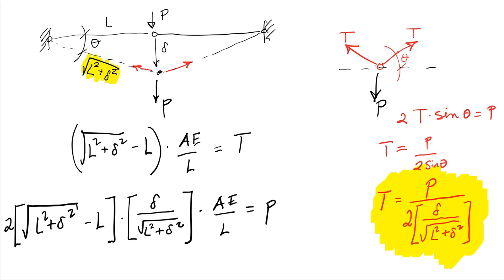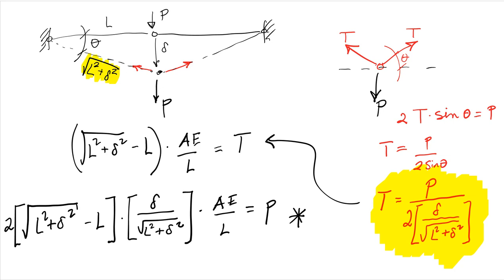That expression we substitute back in our deformation force relation and solve for P, and we obtain the expression here at the bottom that relates the vertical deflection under the center hinge to the vertical force P.